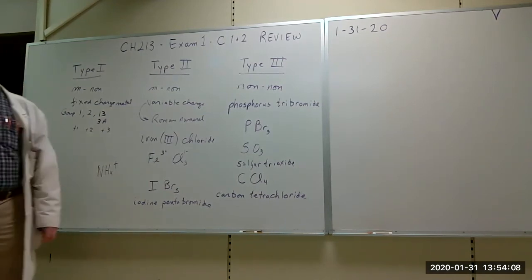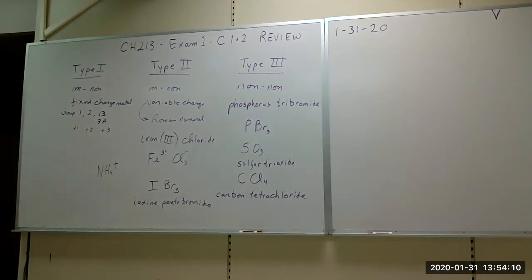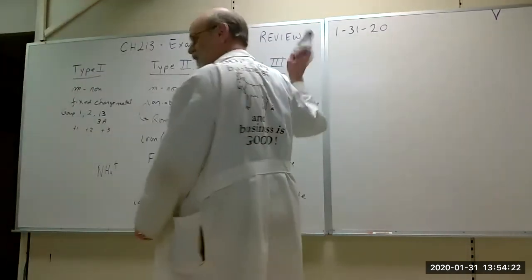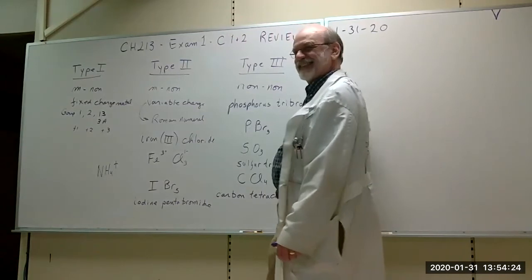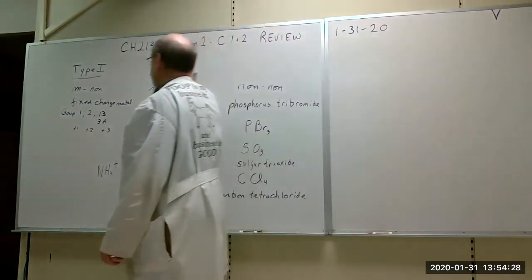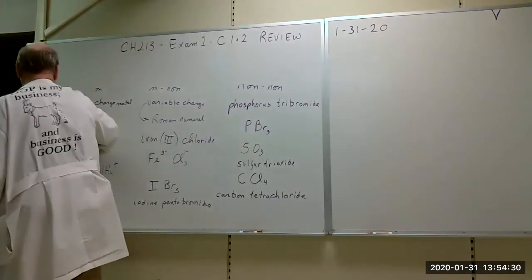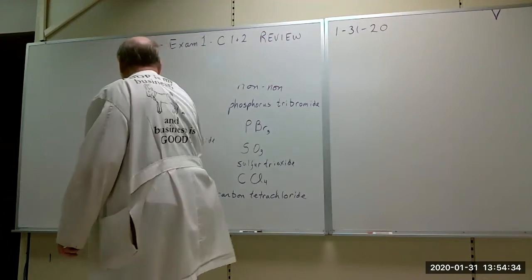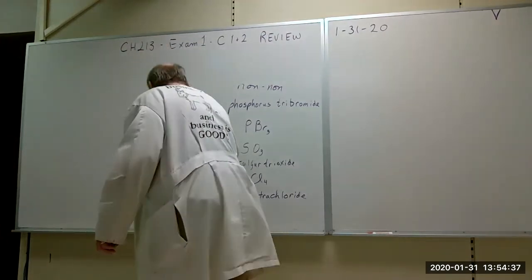Okay, I'm kind of burned out. Let me look in here and see if there's one I missed. That's good. We won't get into organics. Save that for a whole other course. But this is the beginning convention for naming compounds. We start off with binary ionics and then branch out from there.